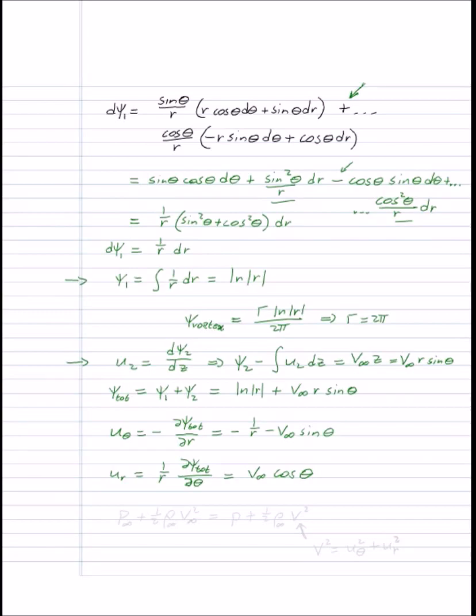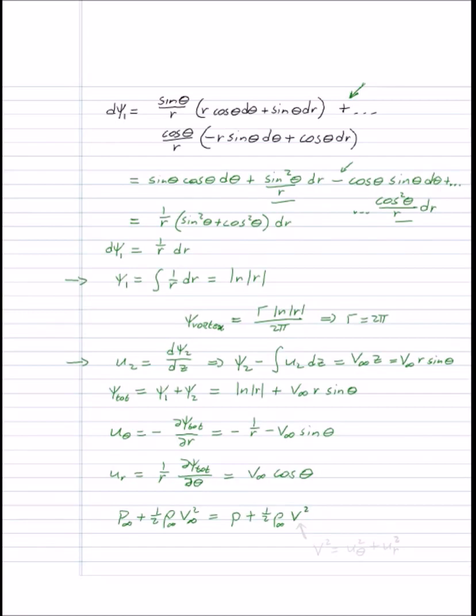Now we're going to the pressure field, and we know that Bernoulli's equation can do that for potential flows. So we've got ourselves a P infinity plus a half rho infinity V infinity squared. Must be on the same streamline as some point near the vortex, which is going to be defined as P plus a half, density is not changing because we're considering potential flow, an incompressible flow therefore, so rho is going to be constant, times the V that we're finding at that point squared.